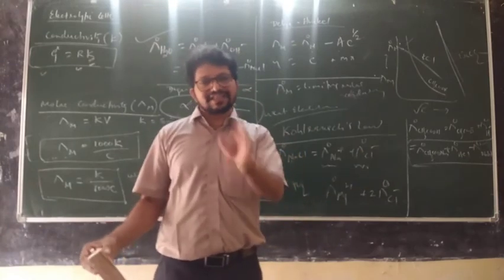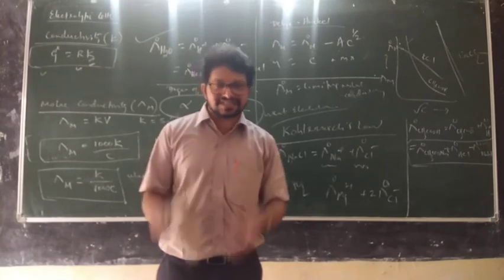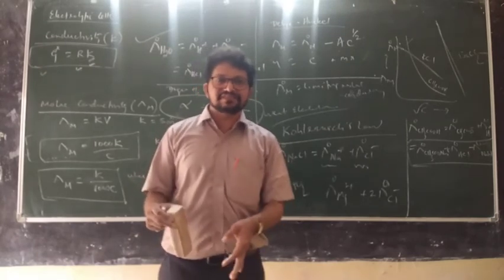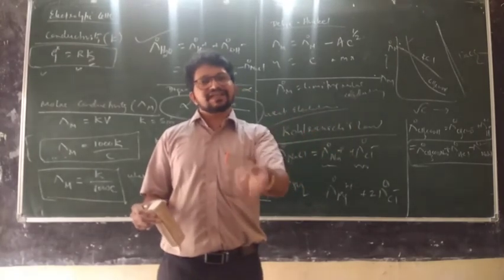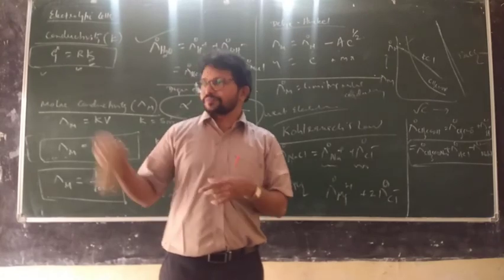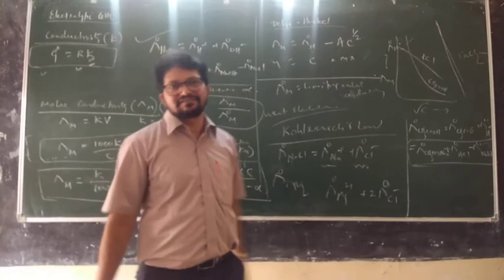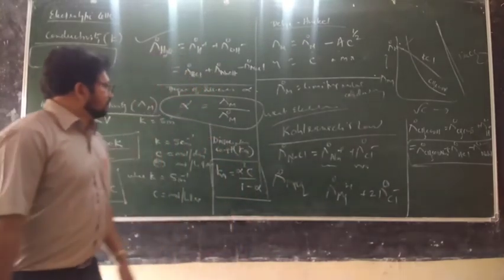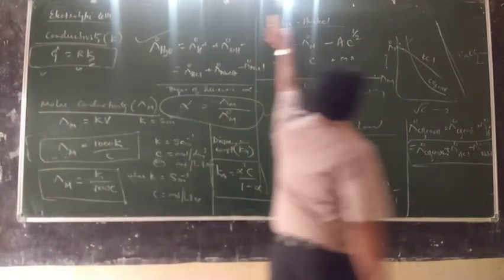During charging, a galvanic cell is an electrolytic cell. During discharging, that means when the cell is working, like a mobile, when the mobile is working, it is a galvanic cell. Battery in the mobile: when the mobile is put for charging, what will happen? It is an electrolytic cell. Faraday's law.